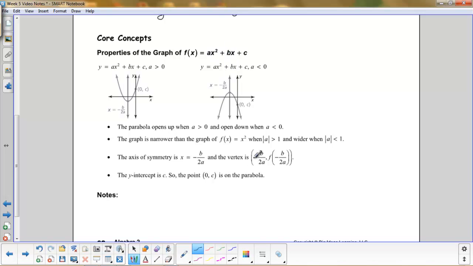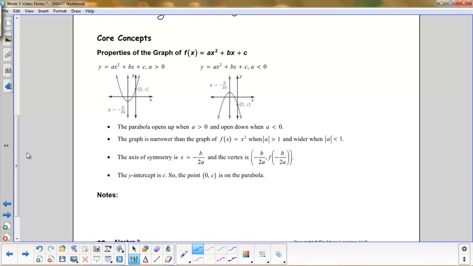You can simply use the opposite of b over 2a, where b is the x term and a is the x squared term. And then whatever you get for that, you plug back into the equation as x, and then you can solve for y to find the y value of your vertex. So it's very simple to determine using the standard form of a quadratic.